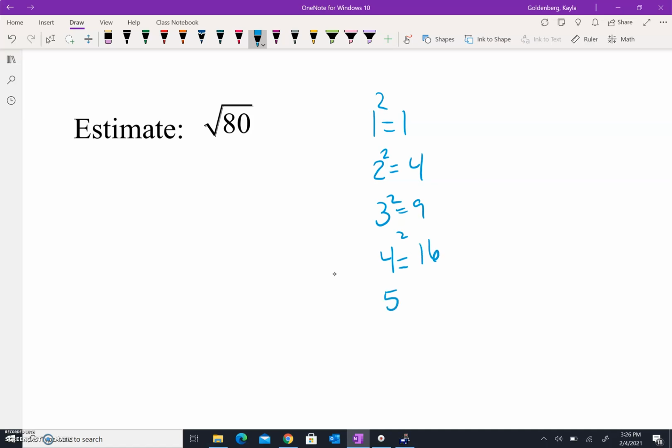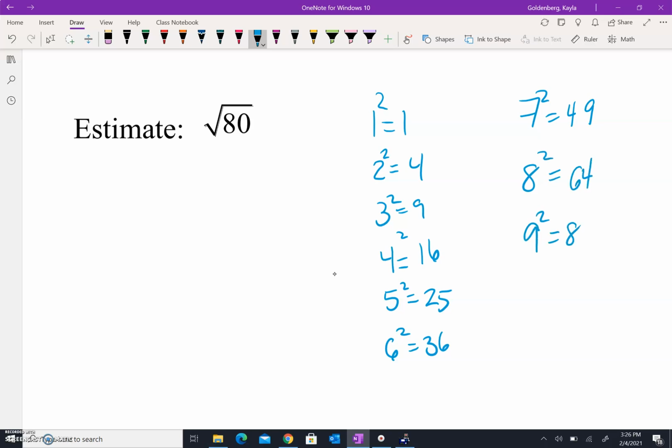In fact, on your homework assignment, the first question asks you to make a list of all of the perfect squares that are under 50, because those are the most common that you're going to see. 8 squared, 9 squared. In fact, going up to 60 or 80 is also good rather than just under 50. Same thing with 10 being 100.